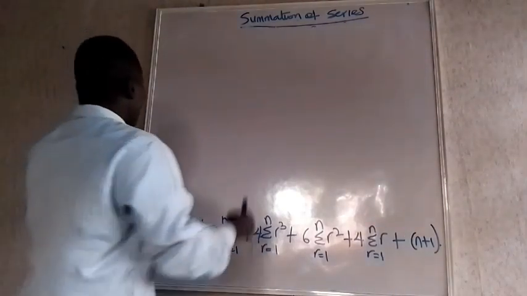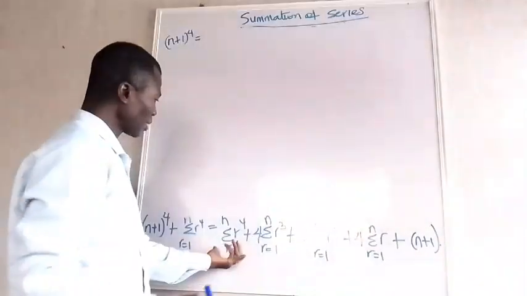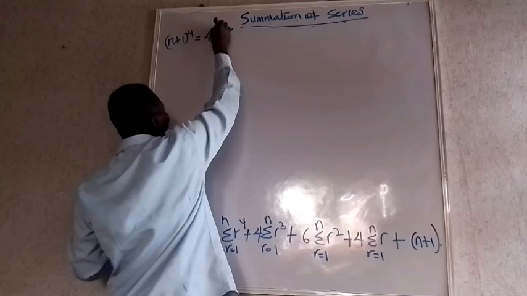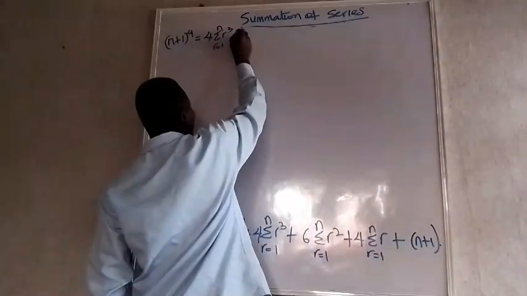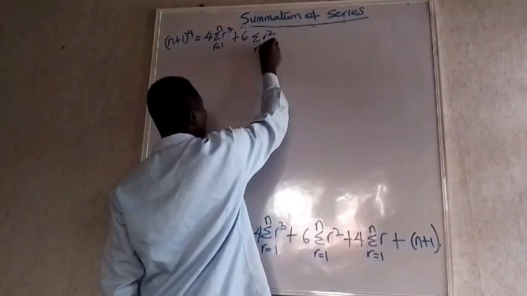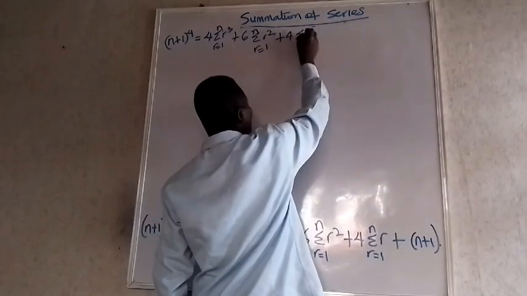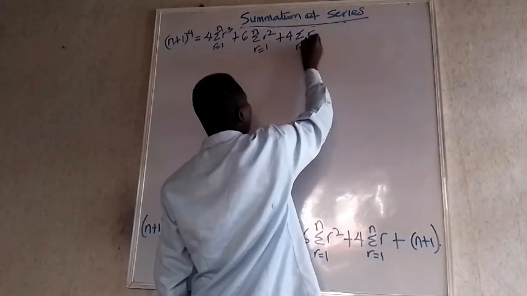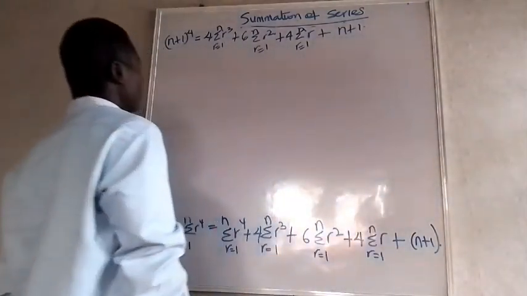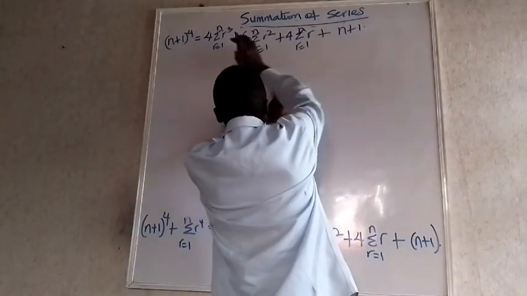So, from this, I can now say n plus 1 raised to the power 4 is equal to, this one we cancel, 4 summation r cubed from r equals 1 to n, plus 6 summation r squared from r equals 1, plus 4 summation r, plus n plus 1. We know the expression for this. We know the expression for this, and then we can easily work this out.